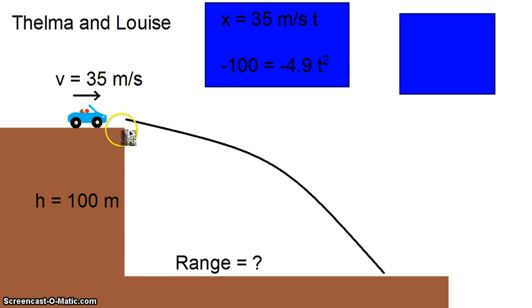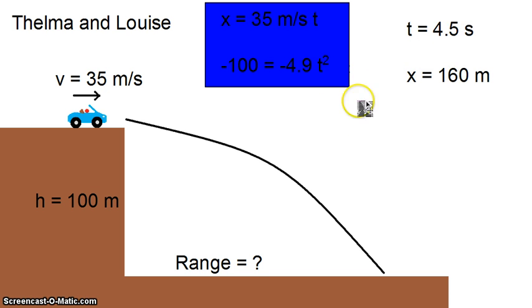It's negative because it's moving down, so I'm choosing the down direction as negative. That equals negative 4.9 t squared, because Vy I really should have left in there as 0, because this is only moving horizontally. There's no vertical component to the velocity. Solving this second equation for t gives me a t of 4.5 seconds. And then if I put 4.5 seconds into the first equation, that gives me a range of approximately 160 meters.